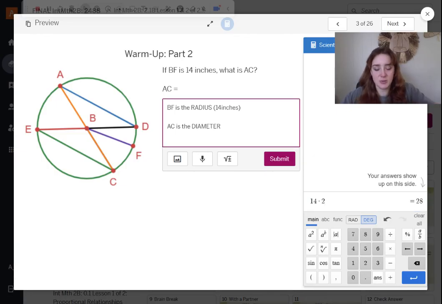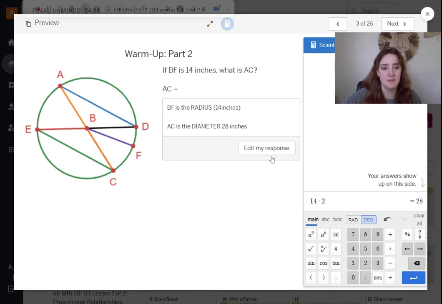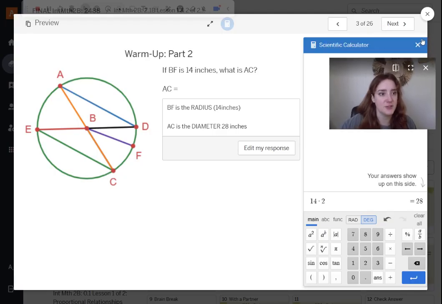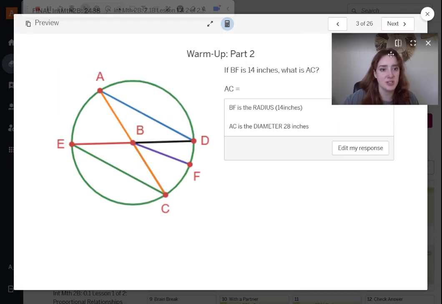So AC equals 28 inches, and then we'll just submit, so it saves our response. It's okay if you don't type all of this, you can just put 28 inches, that's fine. All right, 28 for slide 3, 28 inches.